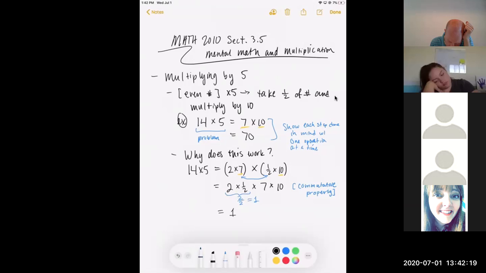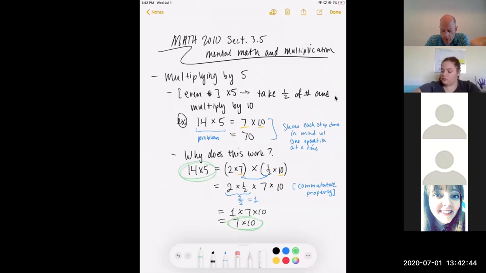So 1 times 7 times 10 is equal to just 7 times 10. So notice that we can do 14 times 5 and make it equal to 7 times 10. Now, skipping all of the commutative property and everything, that's the trick for this mental math. And just summarizing it into take half of the number, multiply by 10. Okay? So when you do tricks or mental math with your students, they have to know why it works.